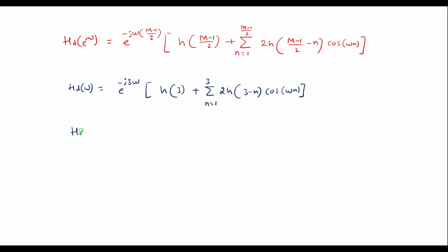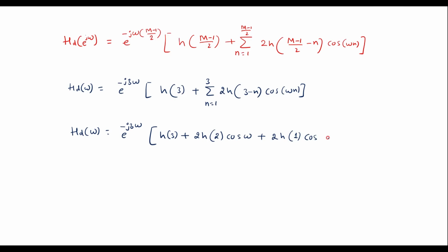Simplifying this, hd of omega is equal to e power minus j3 omega. We have h of 3 plus, for n value 1, it is 2h of 2 cos omega plus, for n equal to 2 it is 2h of 1.